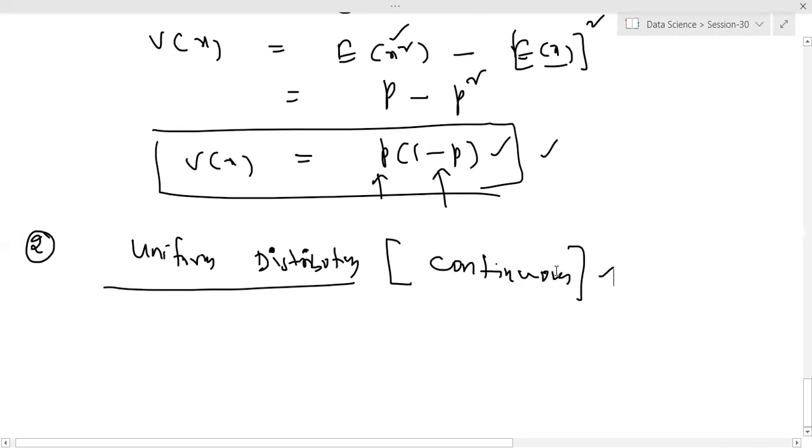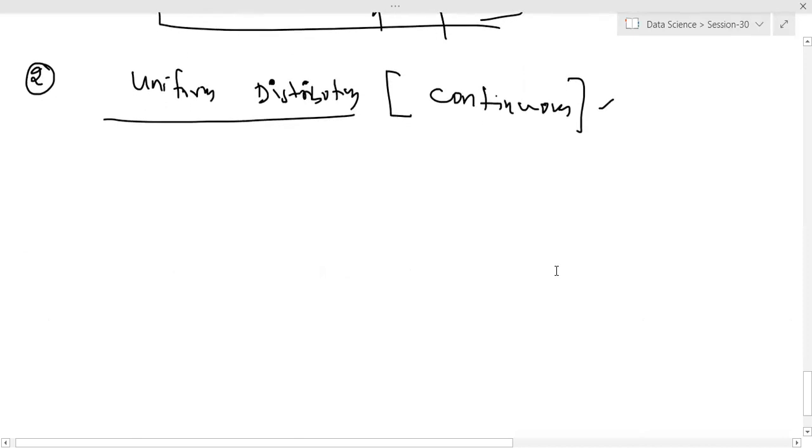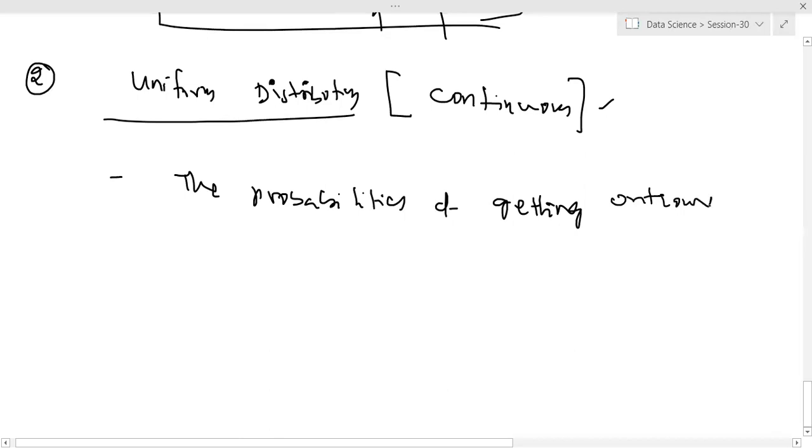And one more important thing about this continuous belonging is the probabilities. The probability of getting outcomes is equally likely, and that is the basis which you can observe in the uniform distribution. So let us see with some example.